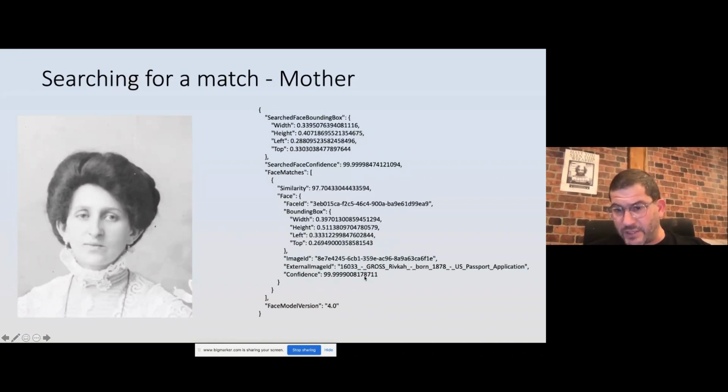So this is the confidence of Rivka Gross. This is the confidence of Mystery Mother. This is the similarity index between the two. This is the bounding box. It gives them this weird face ID, image ID. But the important thing is because I labeled them properly, I can now know this mystery woman, it's saying, is a 97.7% match. It's not really a percentage, but let's treat it as a percentage, with Rivka Gross.